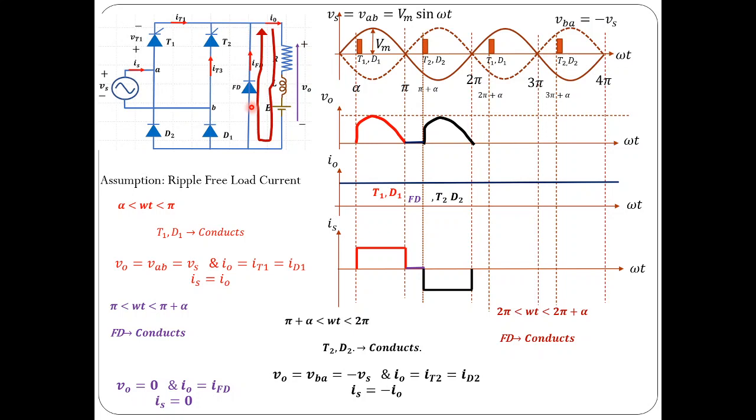So the current would be shifted from this path, that is the T2 and D2 path, to the freewheeling diode path, from the outgoing thyristor and diode to the incoming freewheeling diode. During this period, the load voltage becomes 0, and the load current is the same as the freewheeling diode current. The source current is also going to be 0.